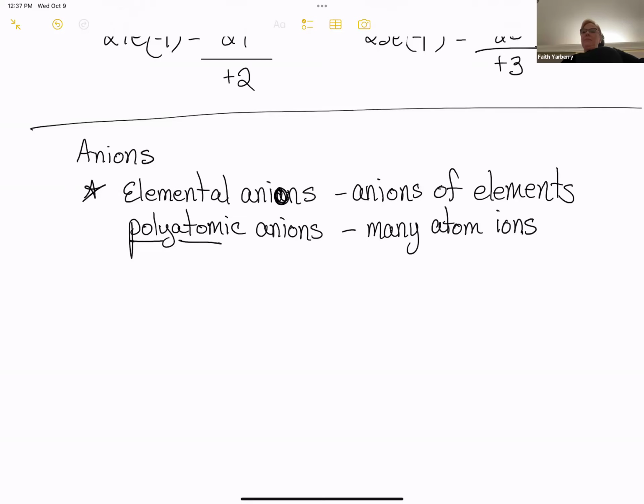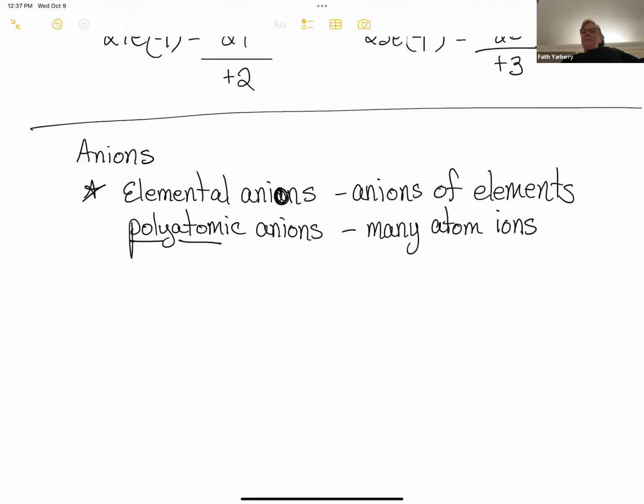They're a -2 charge. And what about all the anions in group 17? -1. Folks, if it is an anion of an element, these will be their charges. They don't change.